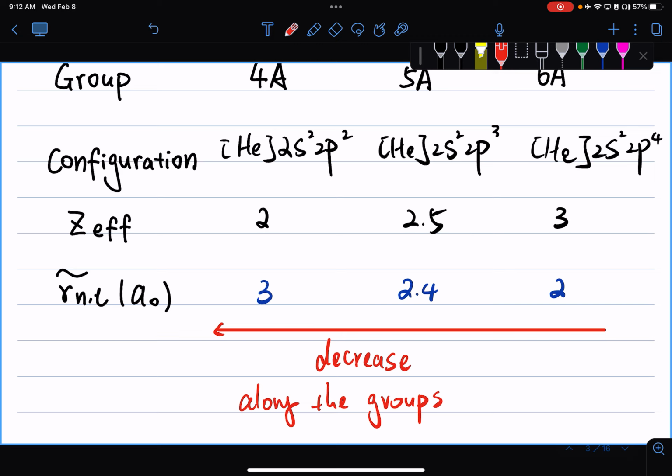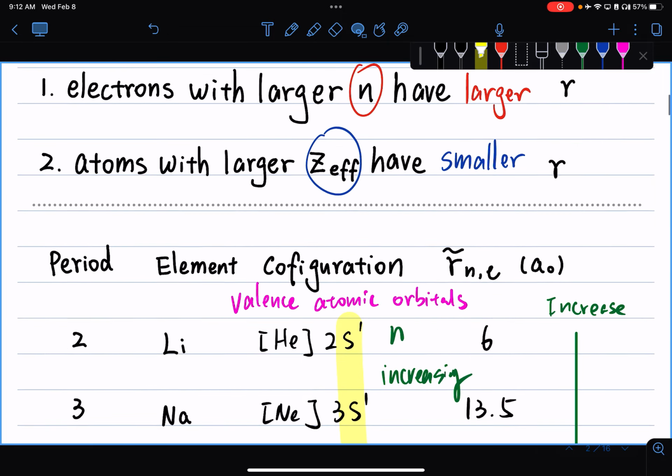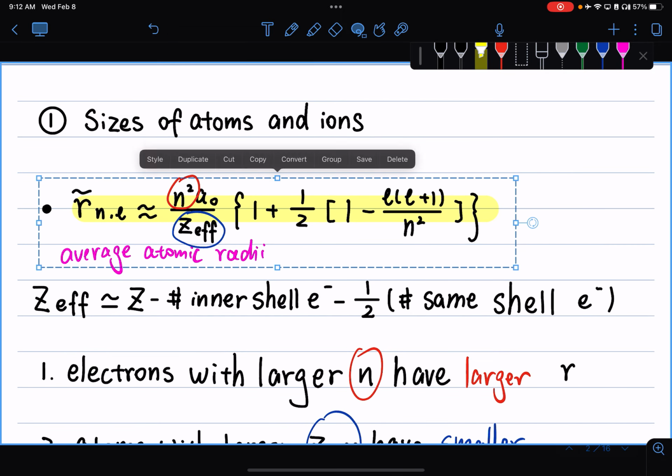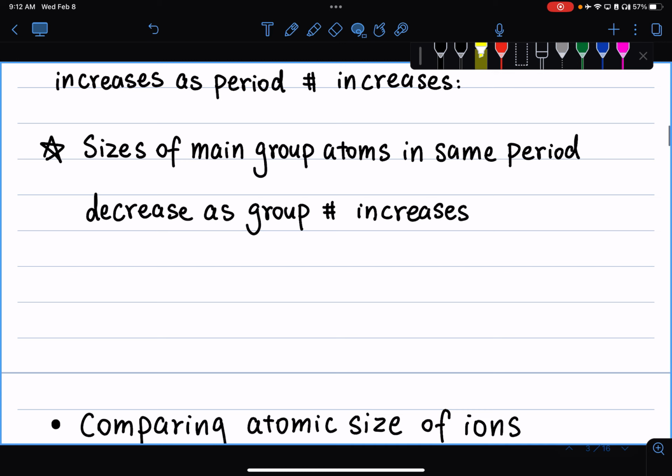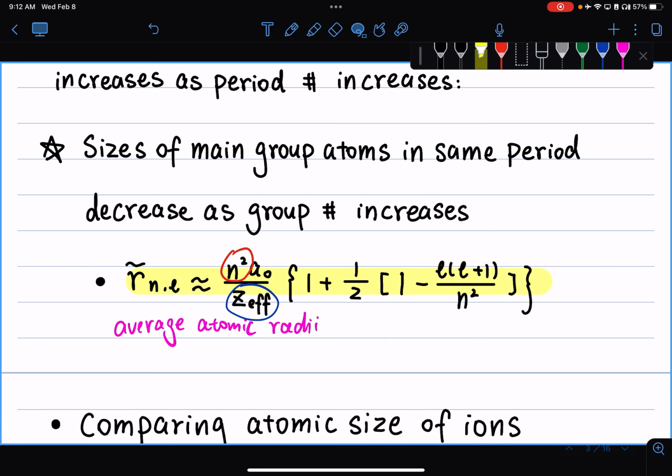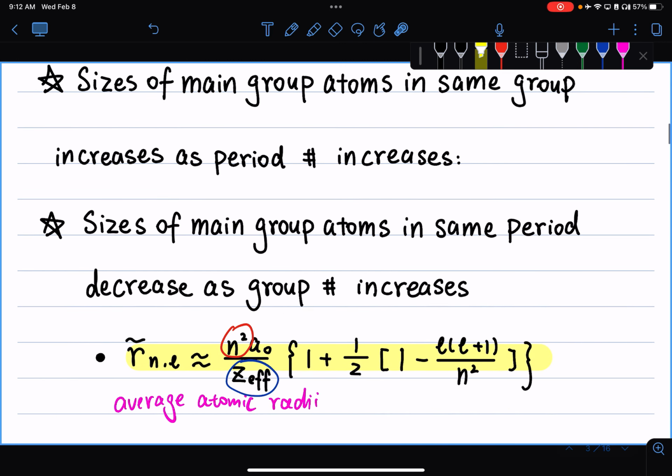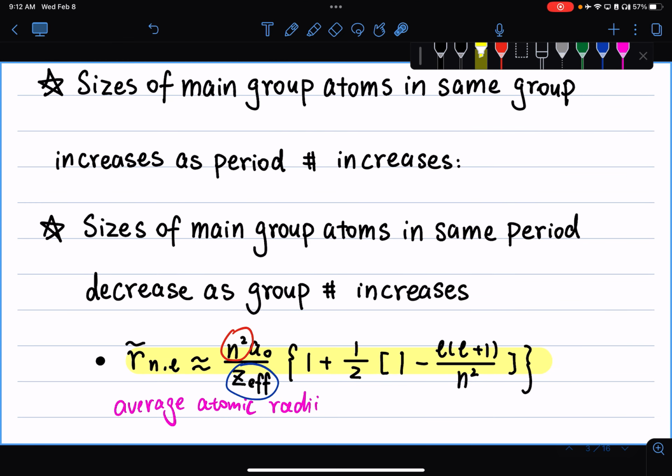So just as a quick summary, let me copy paste that equation here. What we have is an equation that tells you the relationship between your period, which is given by the principal quantum number n, and also groups, which is given by the effective core potential. So in this case, the size of the main group element will increase as the period number increases.